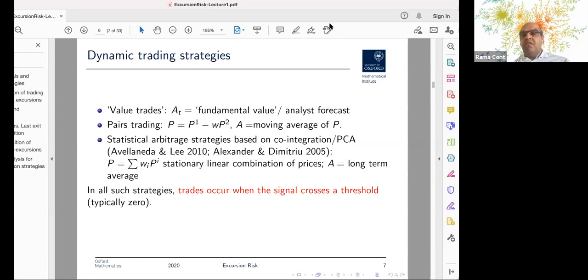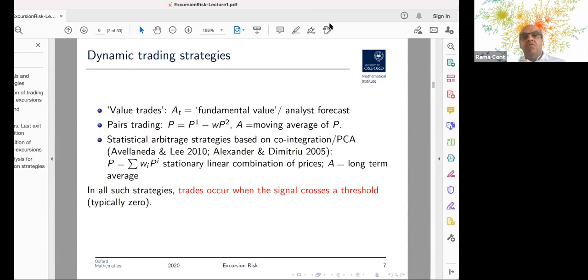And this is based on the statistical idea called co-integration. Co-integration was introduced by Engle and Granger in 1987. It's the idea that you can have non-stationary processes. Typically, prices are non-stationary, but they can have a stationary linear combination, typically with positive and negative coefficients.